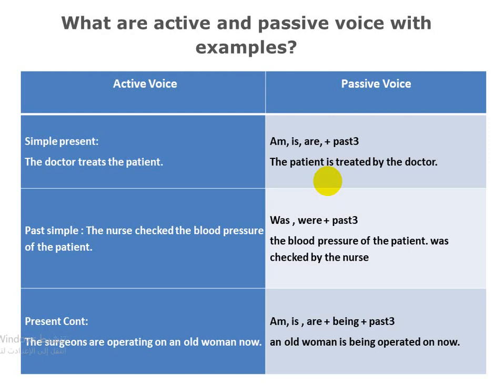The passive sentence begins with the object. In the active, the sentence begins with the subject. What does subject mean? الفاعل. Yes.